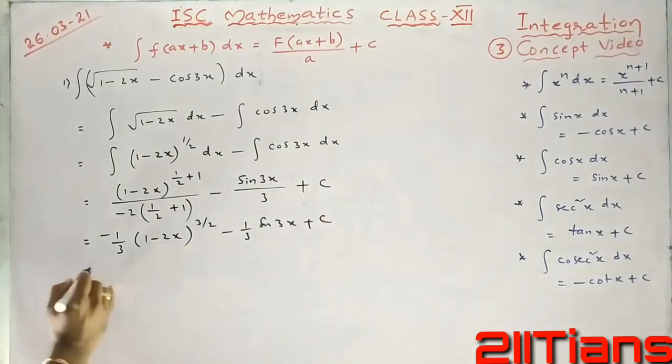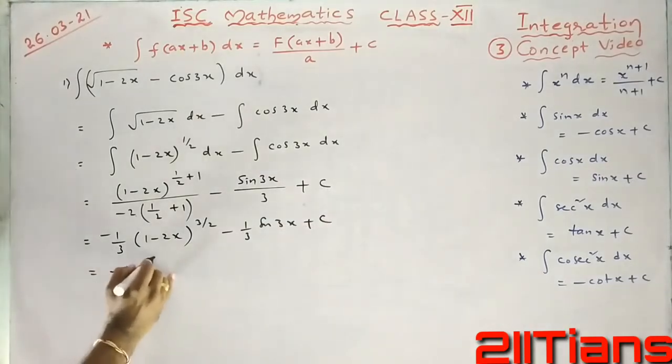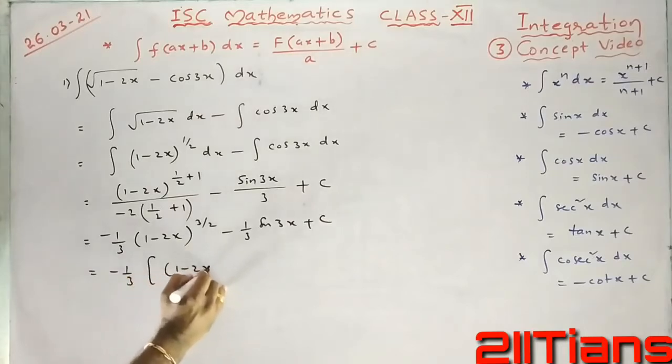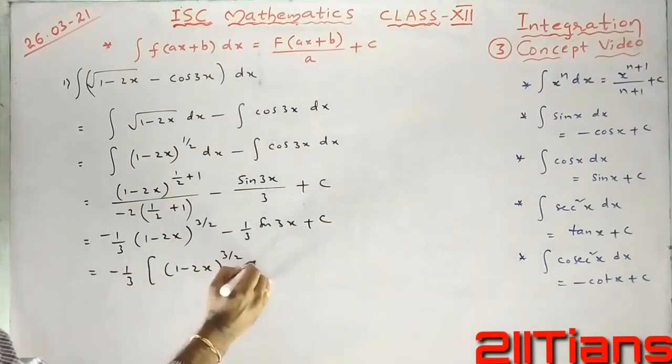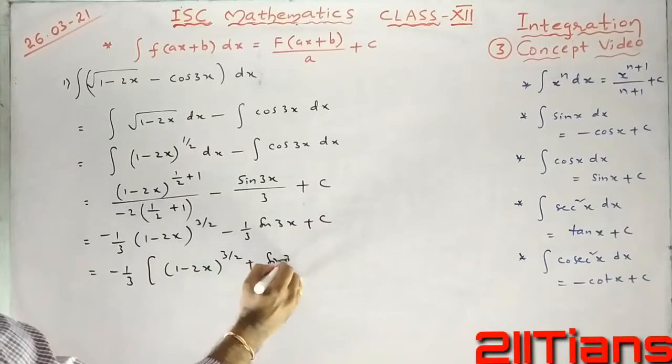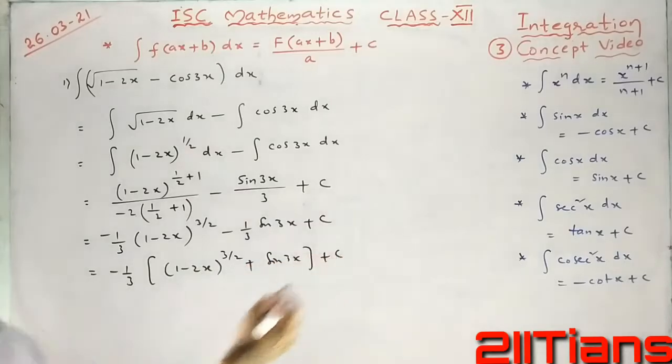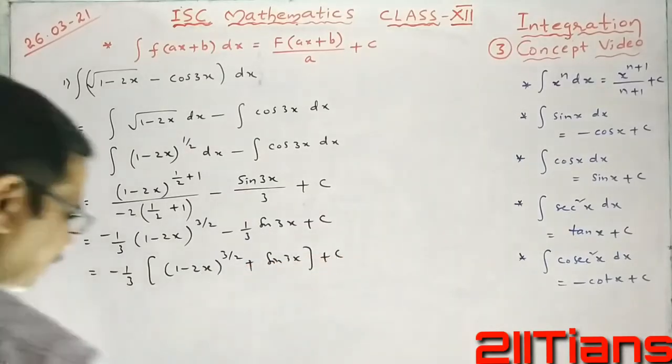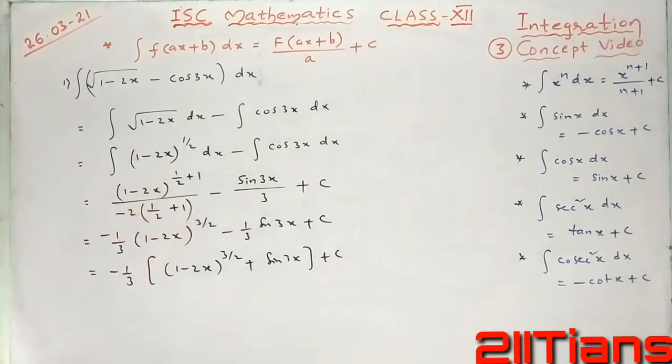Otherwise, we can take minus 1 by 3 common out: 1 minus 2x whole to the power 3 by 2 plus sin 3x plus c. That is the final answer. Okay, so this way we can do it.